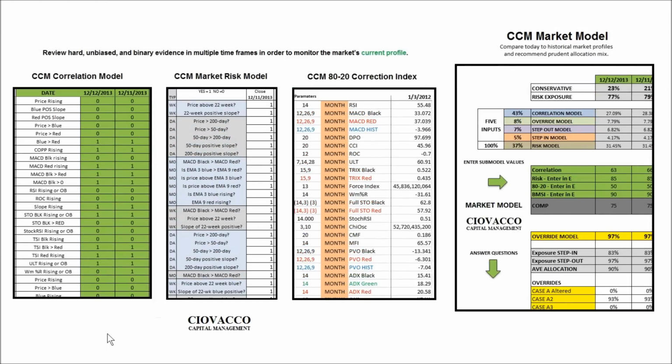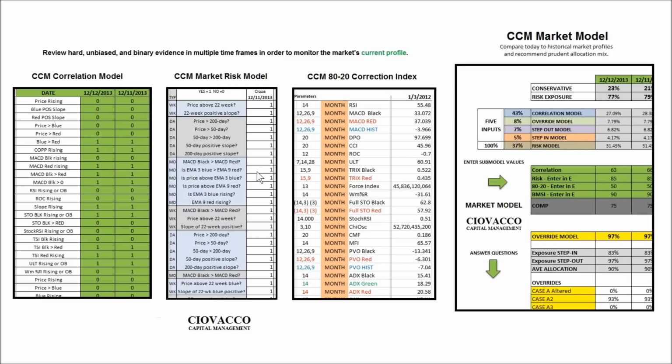How do we track all of this and convert it into a usable and actionable format in a reasonable amount of time? The submodels: we answer binary questions, some of them manually done, some of them programmed in Excel, and we also enter in unbiased and hard data.